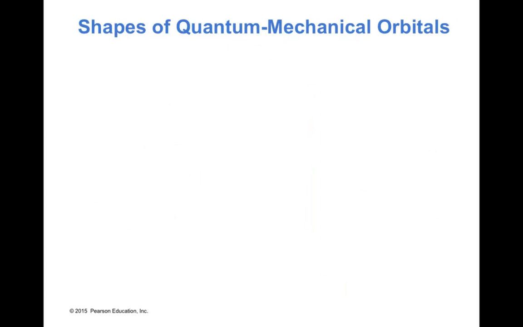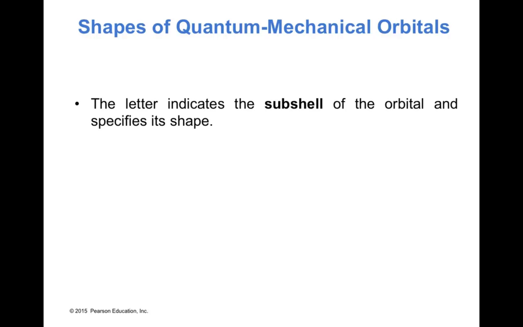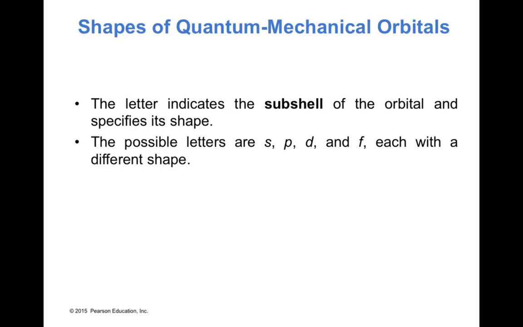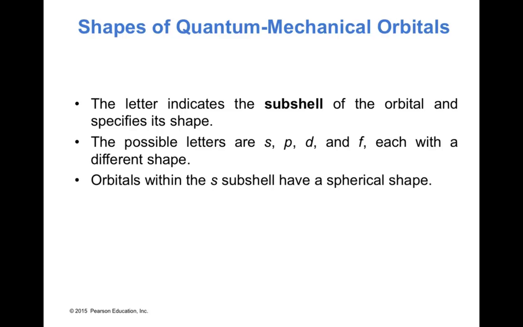Now, what the letter of the orbital means. The letter indicates the subshell of the orbital and specifies its shape. The possible letters are s, p, d, and f, each with a different shape. Orbitals with the s subshell have a spherical shape.